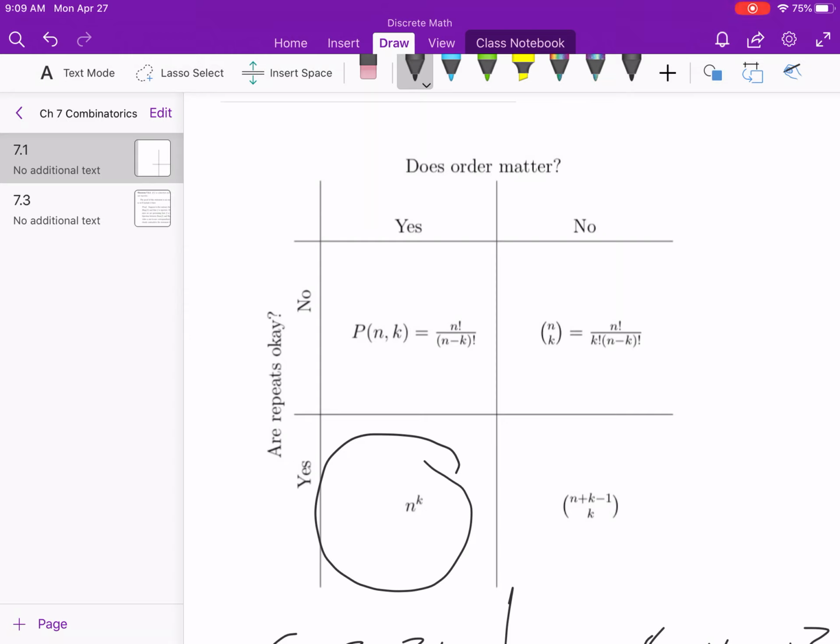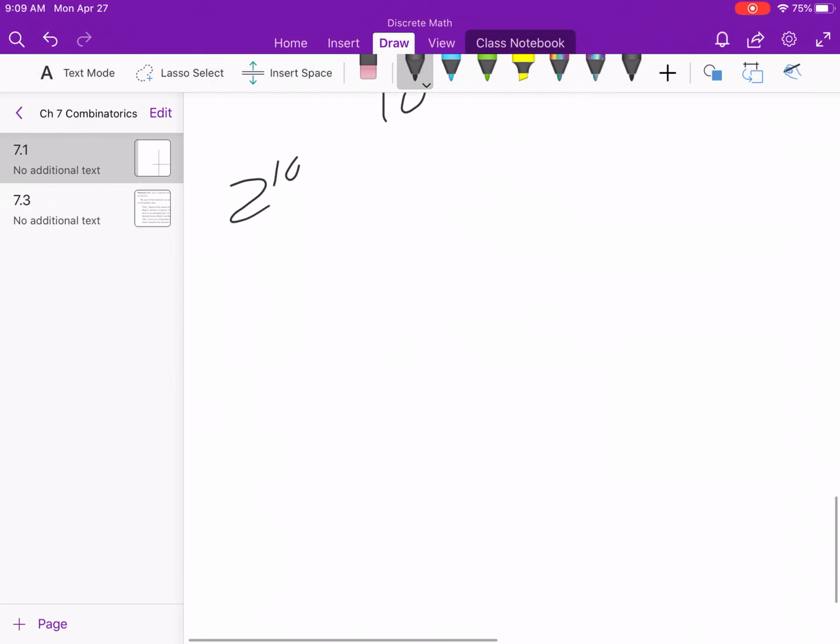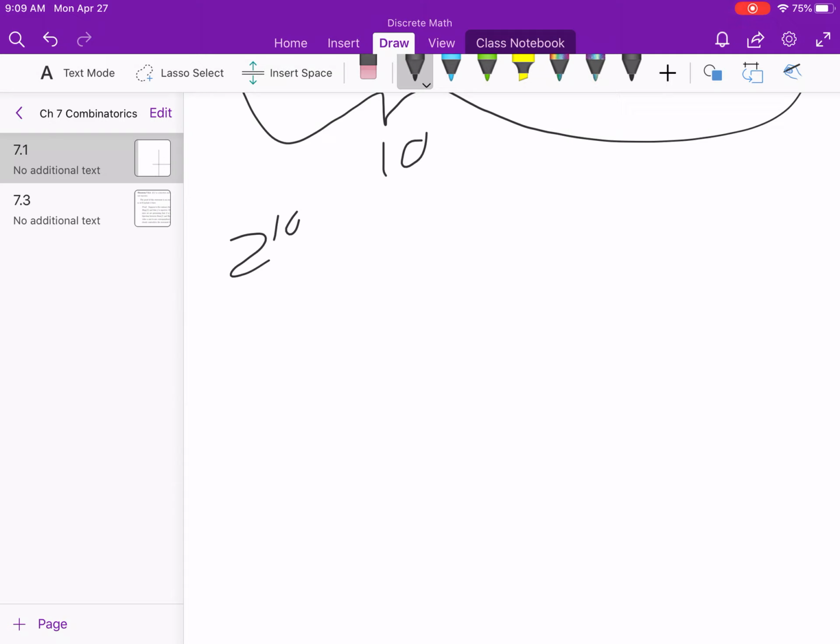So I'm going to talk about this one right here. This is called a permutation, and I'll build it up in a slightly different way than they have here. One thing we can think about naturally is what happens in the multiplication principle if I can't repeat things. So let's say I have a set number of objects.